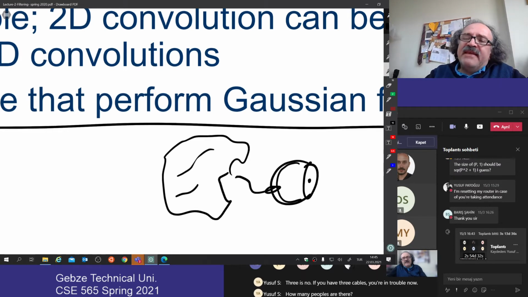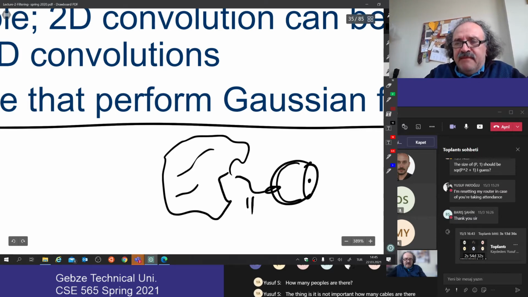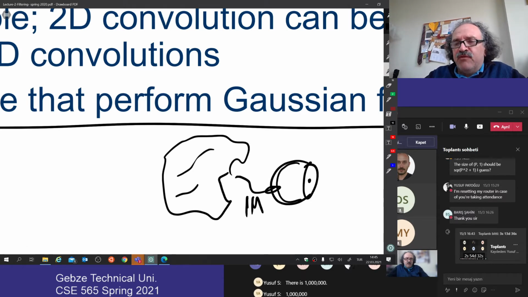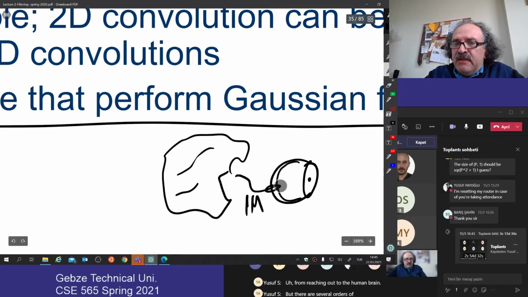The thing is, it is not important how many cables are there. There is 1 million. 1 million optic cables are going from your retina to the human brain, but there are several orders of more light sensitive cells, like 3-4 million.